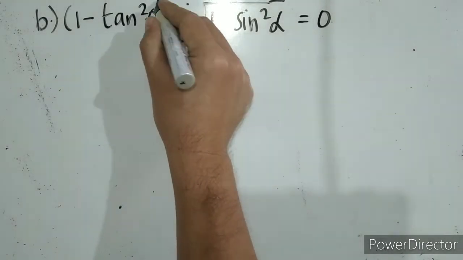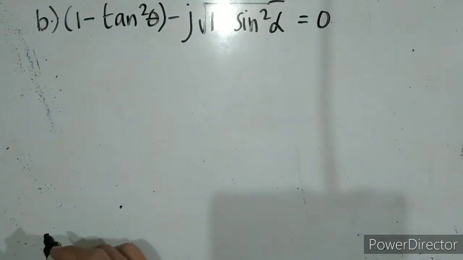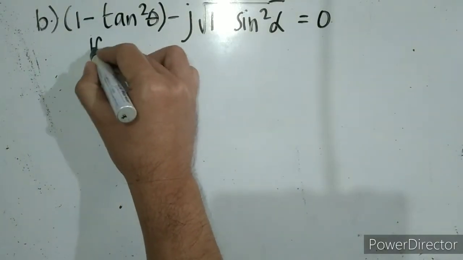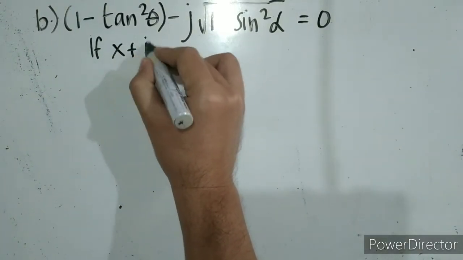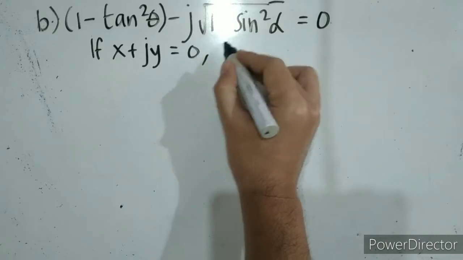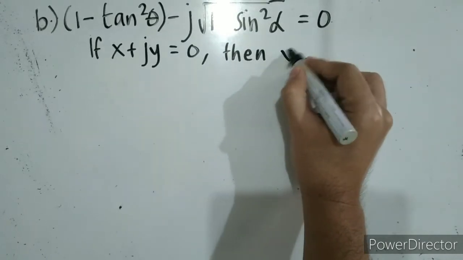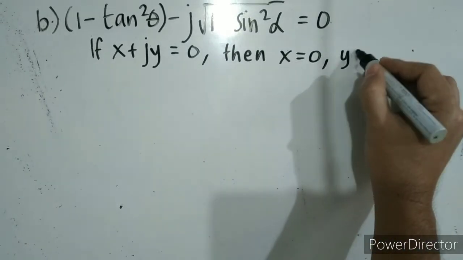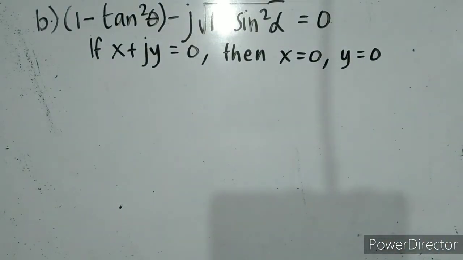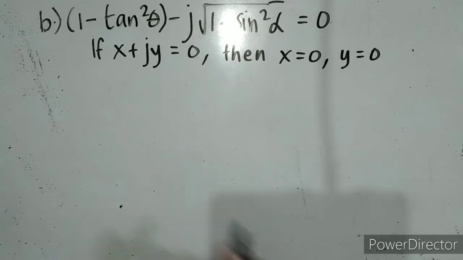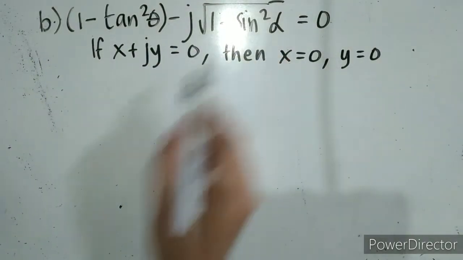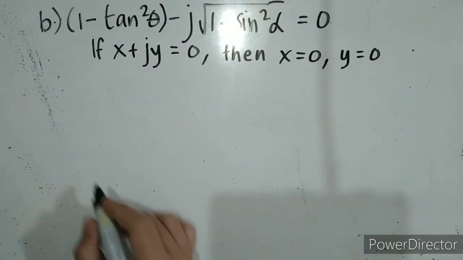Again, Theorem 1 states that if x plus jy is equal to 0, then x is equal to 0 and y is equal to 0. So we will use that to solve for theta and alpha.